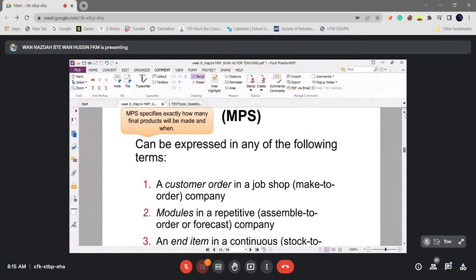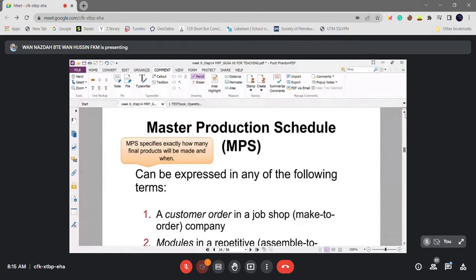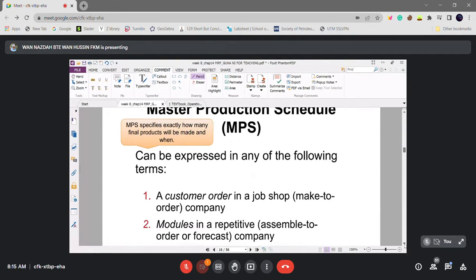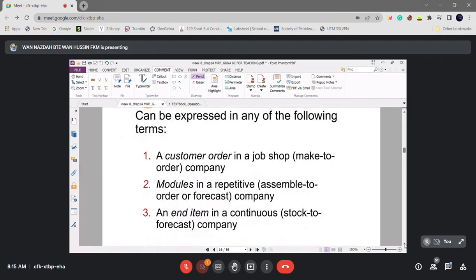Alright, so this master production schedule is different for each company; different companies will have different types of production schedule. Say for example, your company is receiving orders from customers, make to order, meaning that the company is a job shop type.